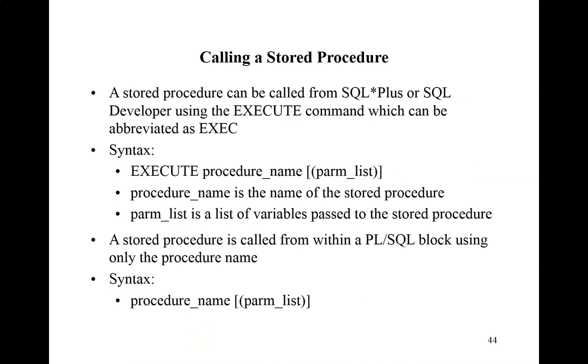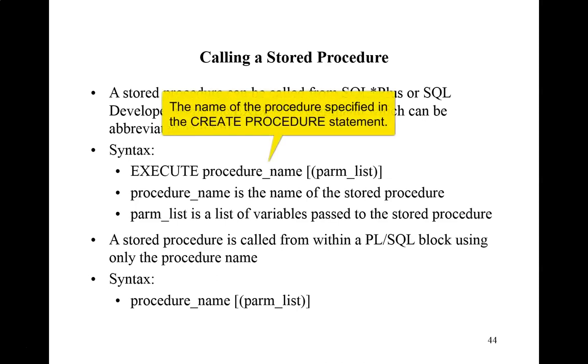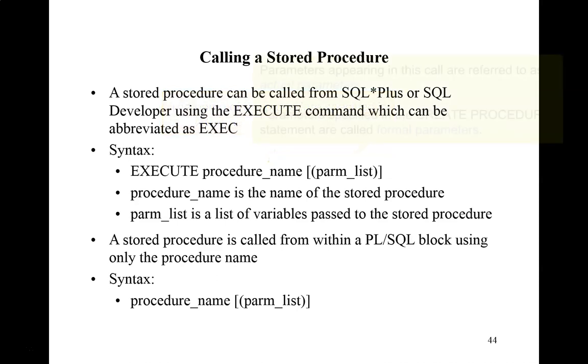After we've created the stored procedure, we can call or invoke it using interactive tools such as SQL Plus or SQL Developer. This would be done using the execute command, which can be abbreviated as exec. The syntax for this command would be the keyword execute followed by the name that had been given to the procedure in the create procedure statement, and if the procedure has parameters, a parenthesized list of parameters.